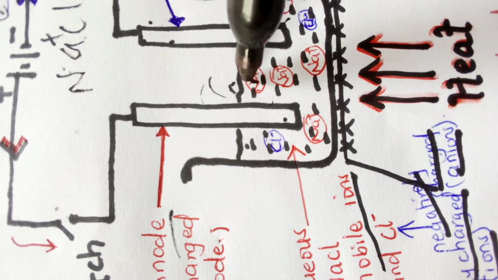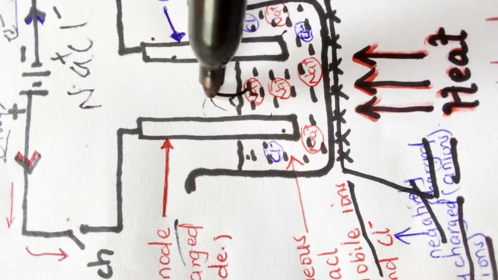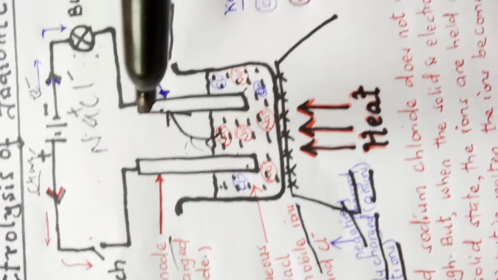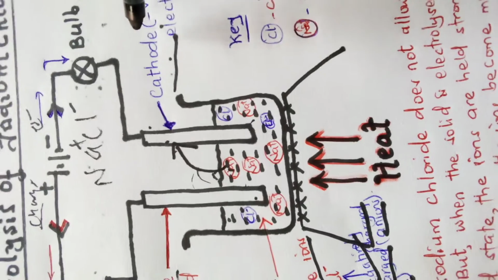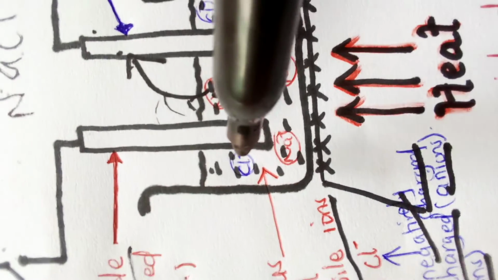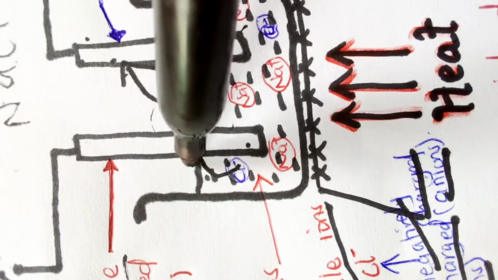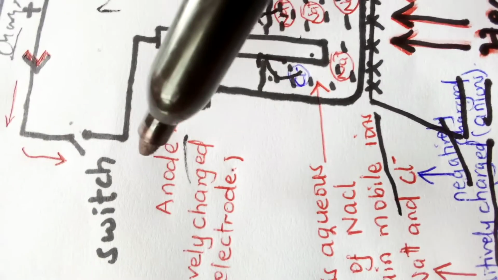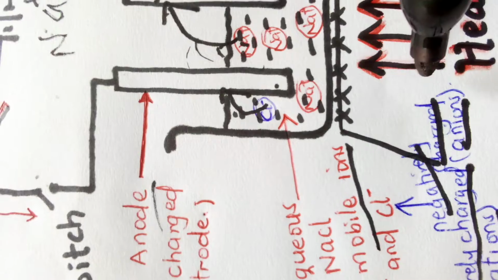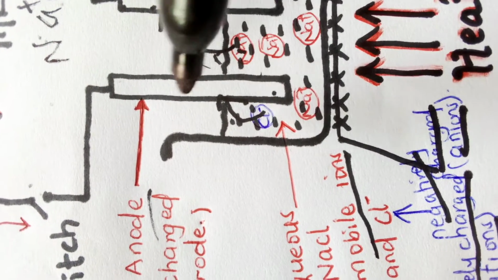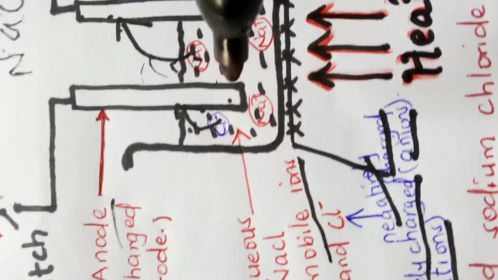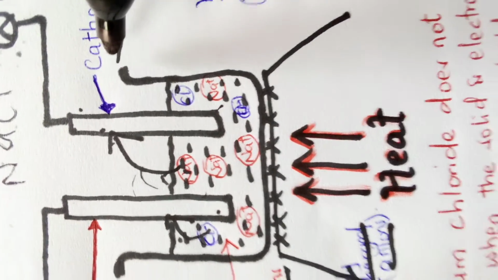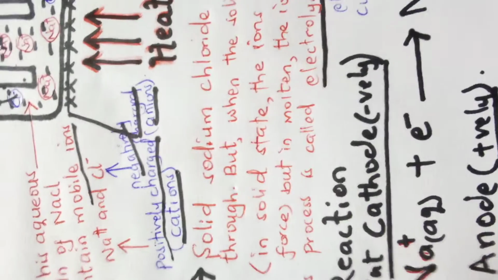This means that the sodium ions will be attracted to the negatively charged electrode, that is the cathode, while chloride ions will be attracted to the anode, because chloride ions are negative while the anode is positive. So chloride ions will be deposited at the anode, and sodium ions at the cathode. So what happens?